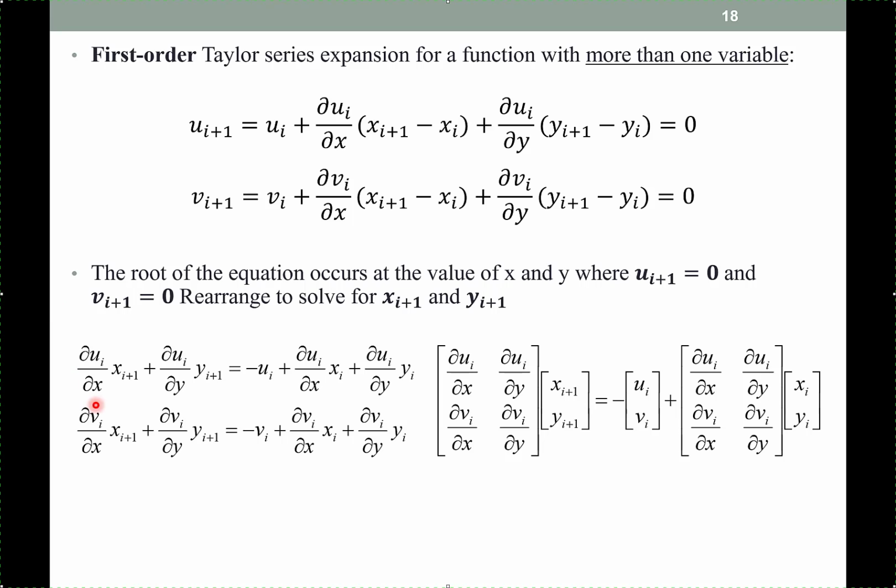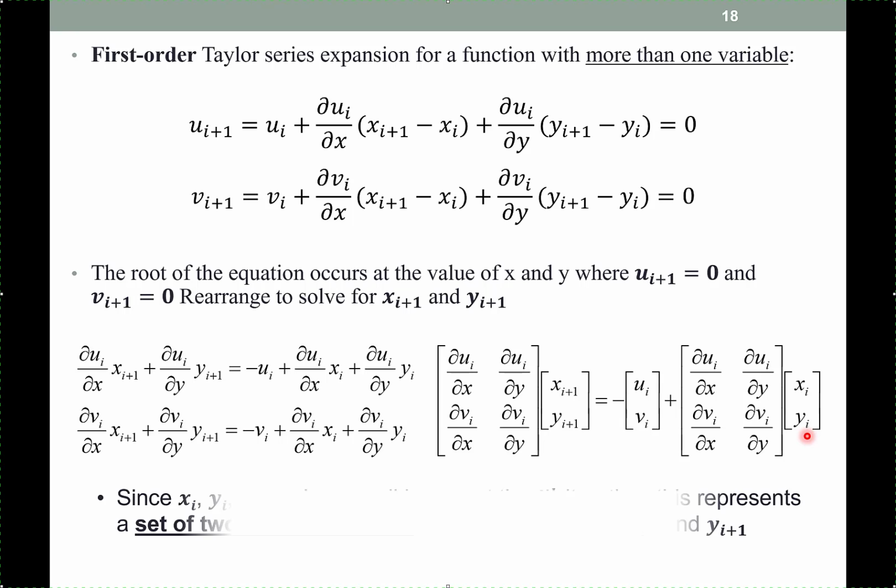We can see here the partial derivative of ui by x multiplied by xi plus 1, and then this partial derivative multiplied by yi plus 1, and so on. Then this negative ui and negative vi are here, plus another partial derivative matrix multiplied by the initial guesses, or the previous iteration's values of xi and yi.